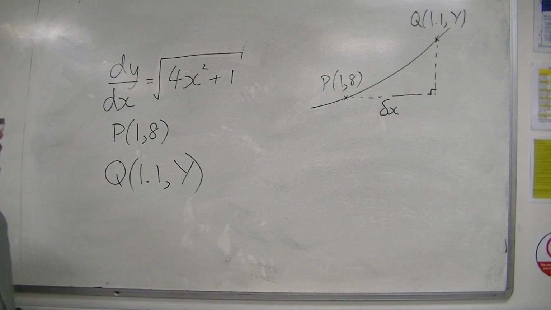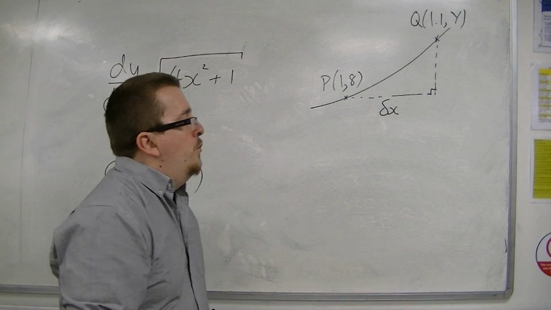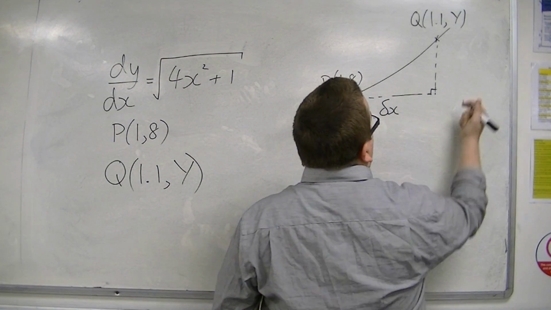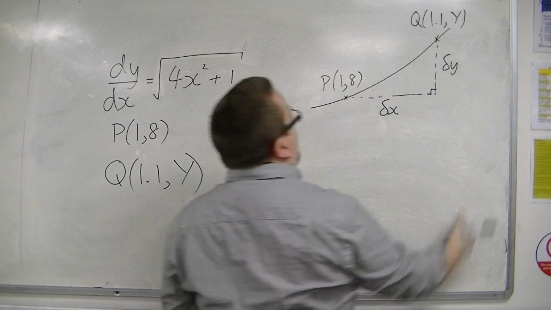Delta is a Greek letter that we use in mathematics often to mean a small amount. So a small amount of x and a small amount of y, delta y.